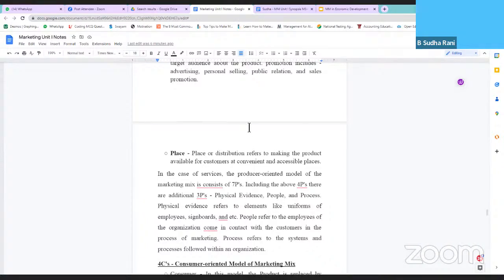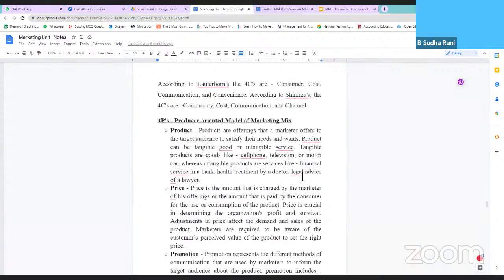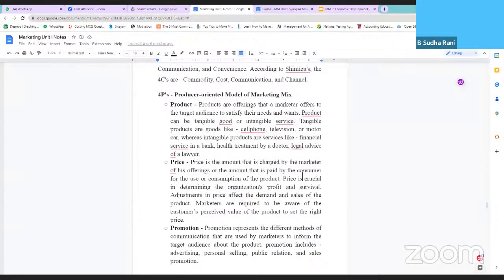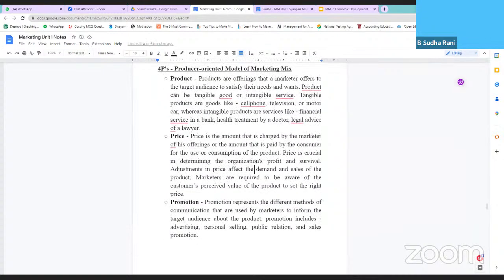So that's about the marketing mix 4Ps. When you are asked the question, what are the 4Ps of the marketing mix, or what is the marketing mix, explain: the marketing mix includes 4Ps, that is product, price, promotion, place. All these play an important role in marketing a product and achieving the organizational goals.